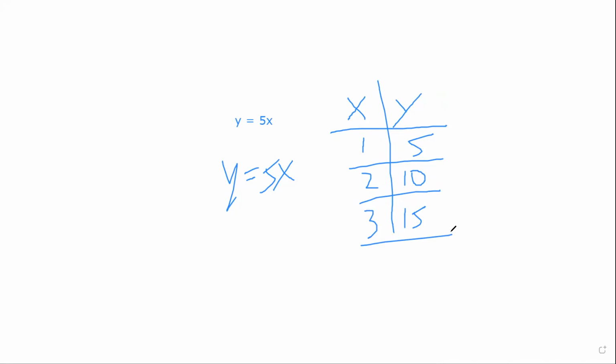So when I start doing substitutions with x value, 5 times 2, y equals 10, 5 times 3, y equals 15. There's only one point of this combination that is actually on the graph that we're looking at.